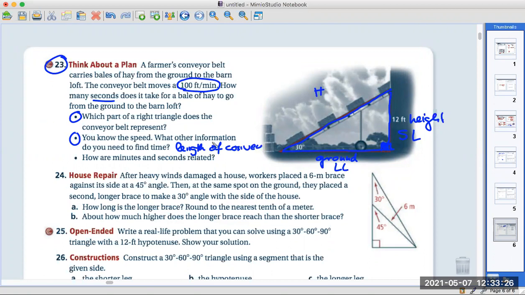If you know the length, how are minutes and seconds related? 60 seconds per minute. Okay, so good luck. You want to know how long does it take for one bale of hay to climb up this conveyor belt? And that's the end. Good luck to you. See you later.